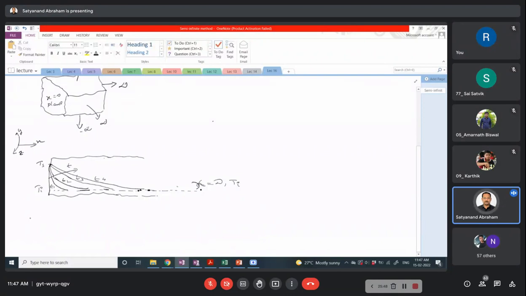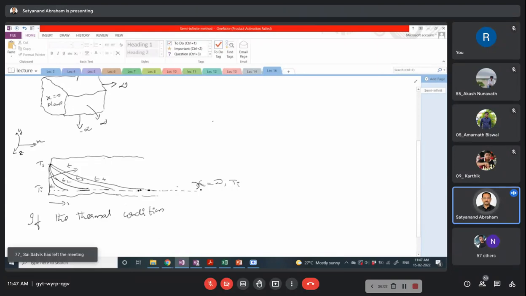So if you are writing it: if the thermal condition, this is in the x direction, and this is x equal to 0.